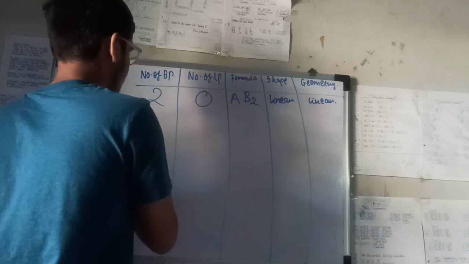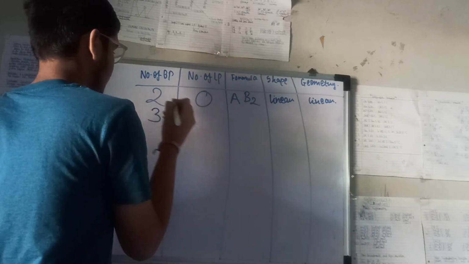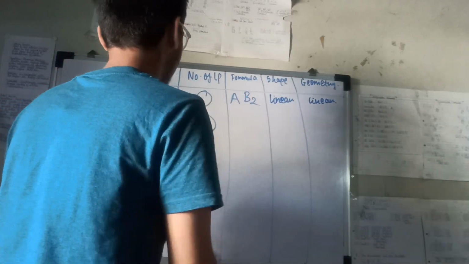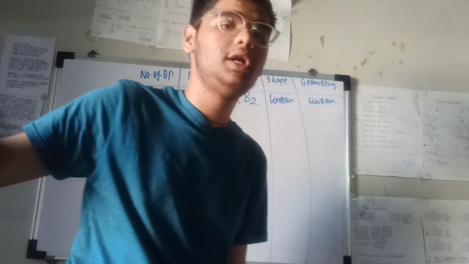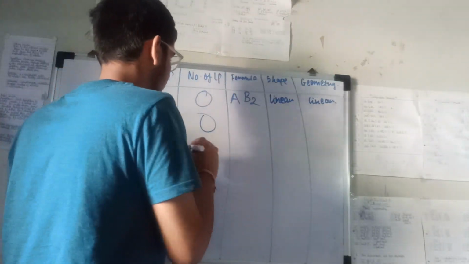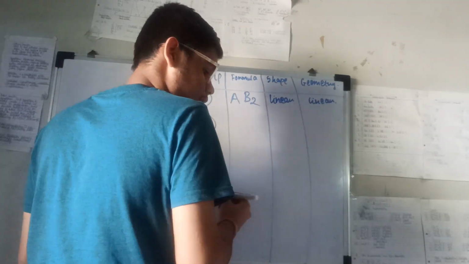Let me take 3, 0. If there are no lone pairs, then shape is equal to geometry.